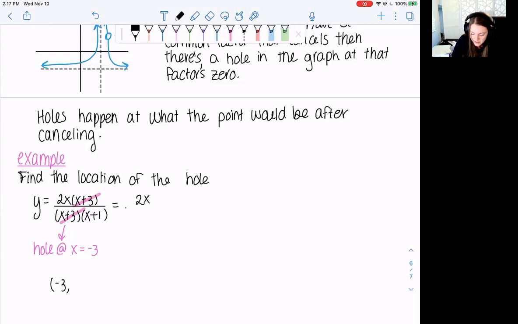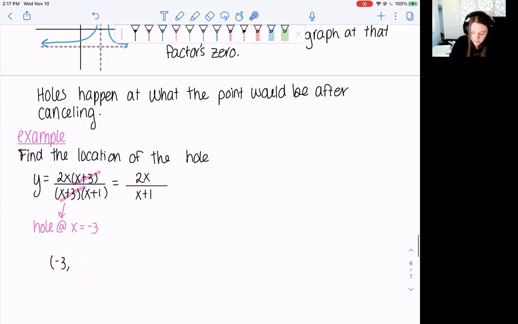When this simplifies, we have 2x over x plus 1. To find the y value, we plug -3 into this canceled version of the function.